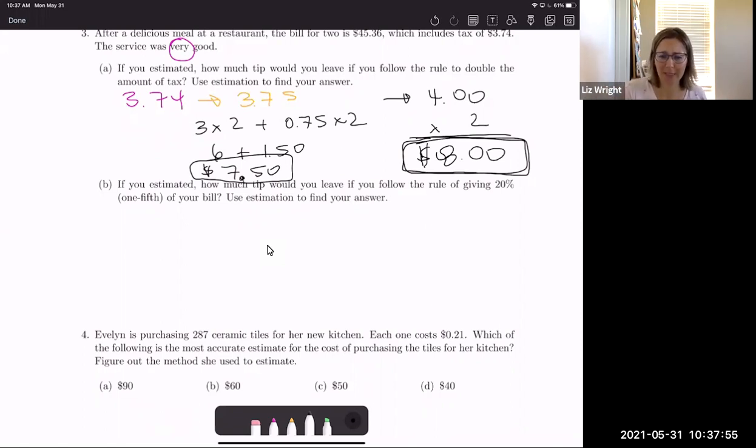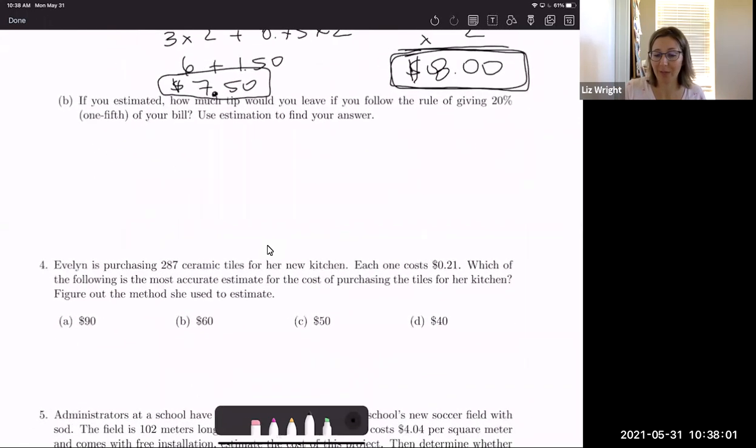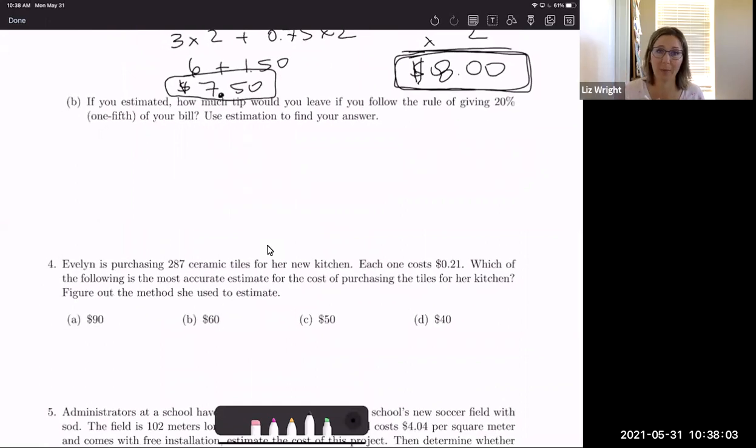So, absolutely tip your servers because otherwise they are making less than minimum wage. And if you don't have money for a tip, then save up until you do before you go to that restaurant.